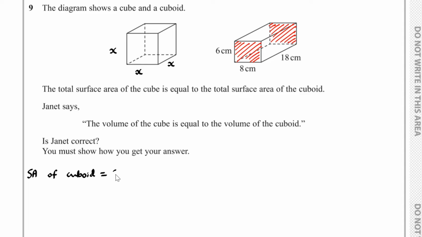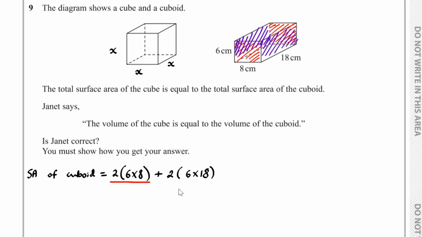So here we've got 2 lots of 6 times 8. This is the bit in red, and then here we've got the bit at the side. So we've got this side face, and then we've also got this other side face, which has dimensions 18 with height 6. So we have 2 times 6 times 18.